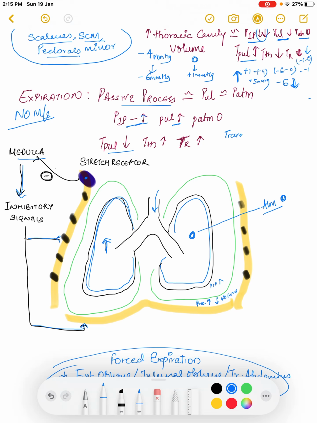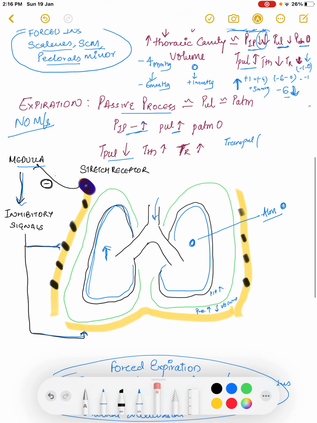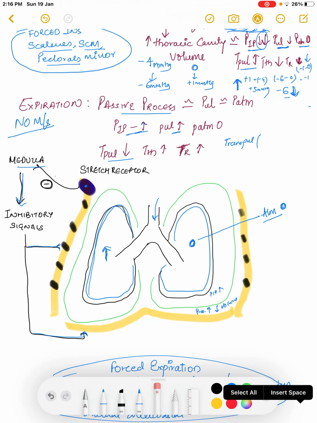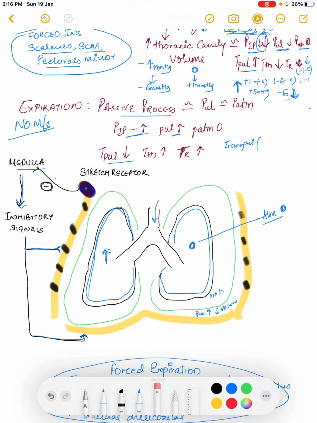For example, the transpulmonary pressure. Now, as I told you, the pulmonary pressure increases, so it is +1. It was 0 at rest, and with inspiration it increases to 1.